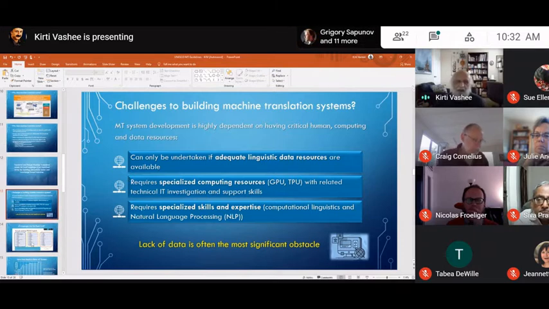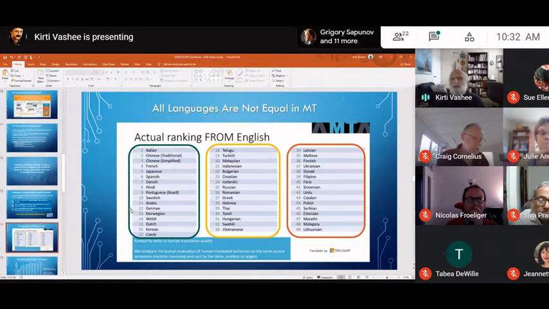Another thing that people should understand is that all languages are not equal in MT; some languages are easier to do. The more data you have, the easier a language is to do. The more research there is in a specific language, the more likely that language will have better machine translation. And the closer it is to the source language.